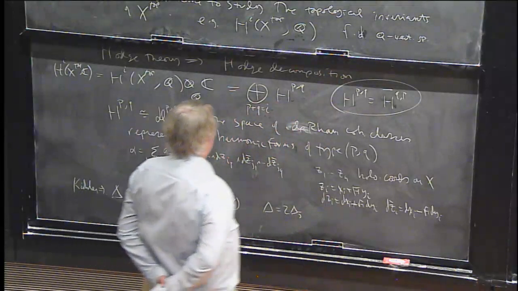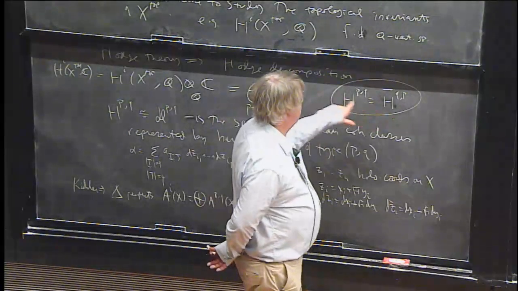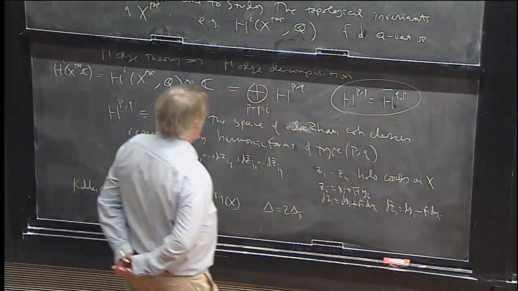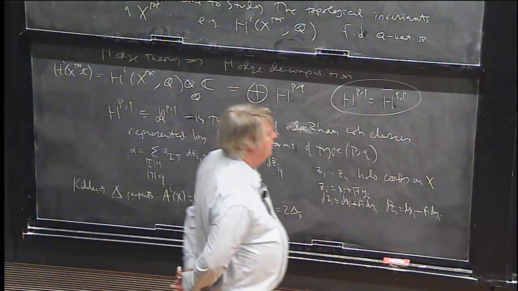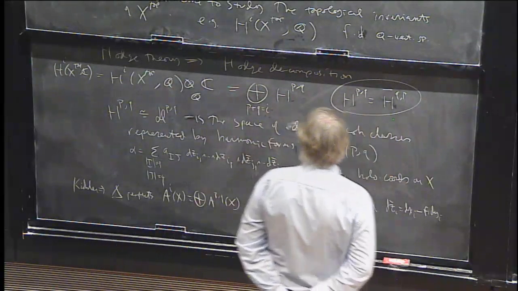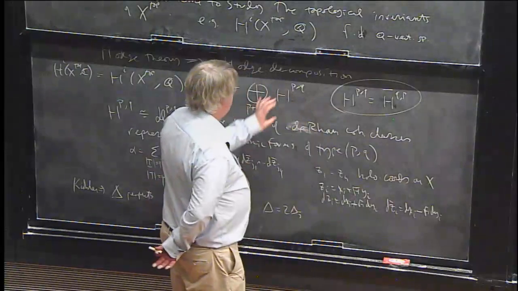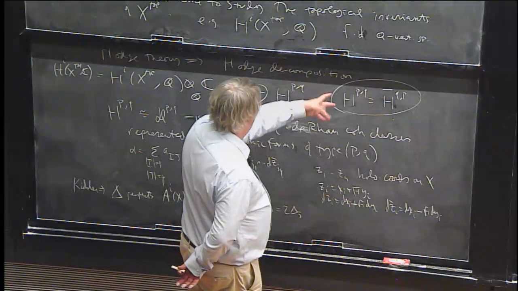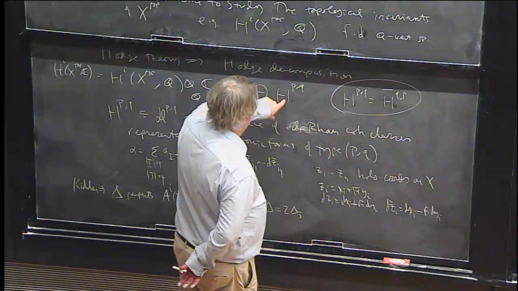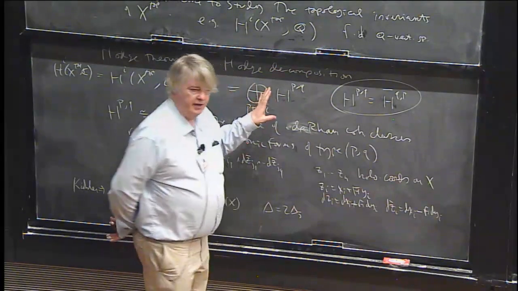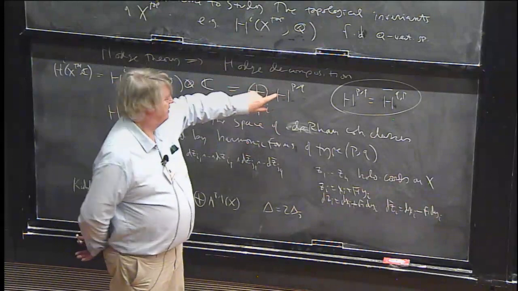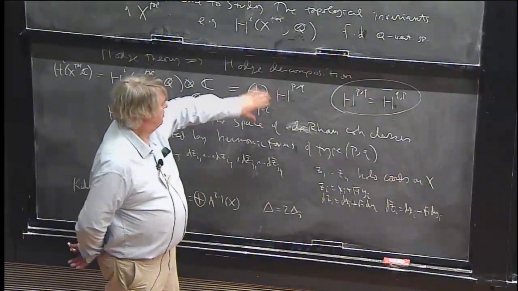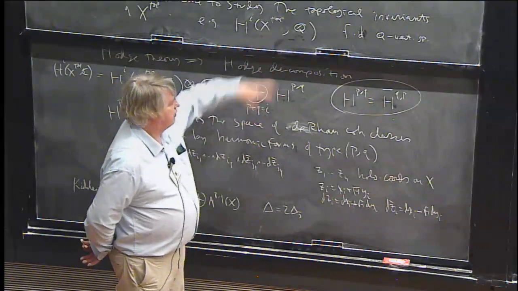In particular, it gives you metrics on these H^(p,q) spaces, and actually the slightly more natural thing is the Hermitian form that's obtained by taking plus or minus 1 times the positive definite metric. So the natural thing that happens from the polarization is an indefinite Hermitian form, or it's really in this setting defined over Q actually.